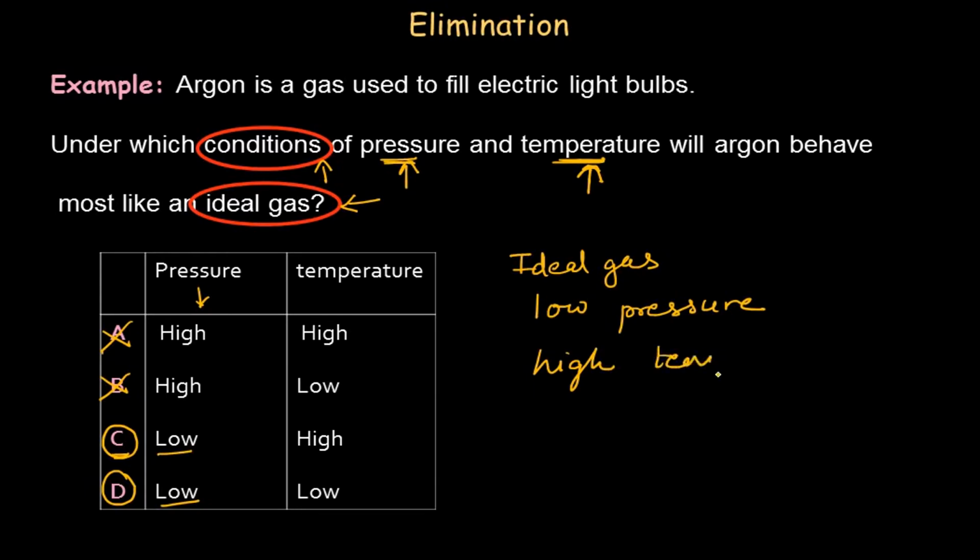Out of the two options, the high temperature is given in option C. So that shows that D gets cancelled off and you get the correct answer as C. So this way, eliminating wrong options and then looking for the answer stepwise may have a greater chance of giving you the correct answer. So try using the elimination method in most of the MCQs to reach the correct option.